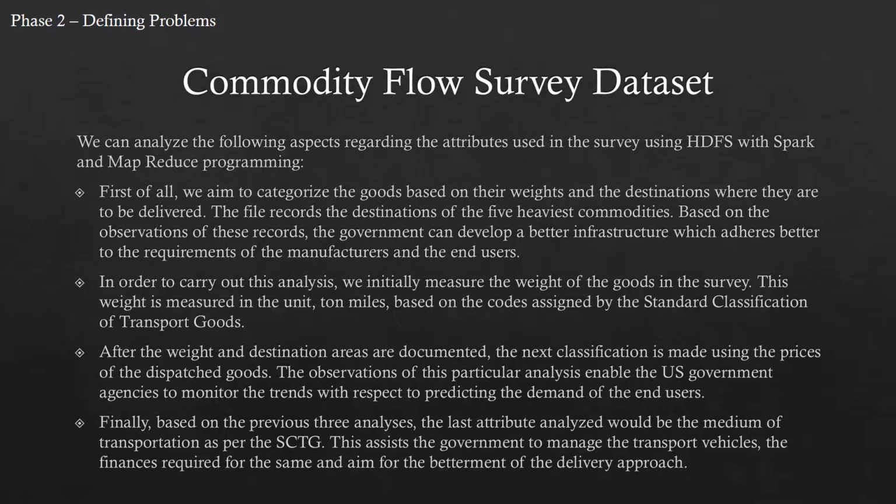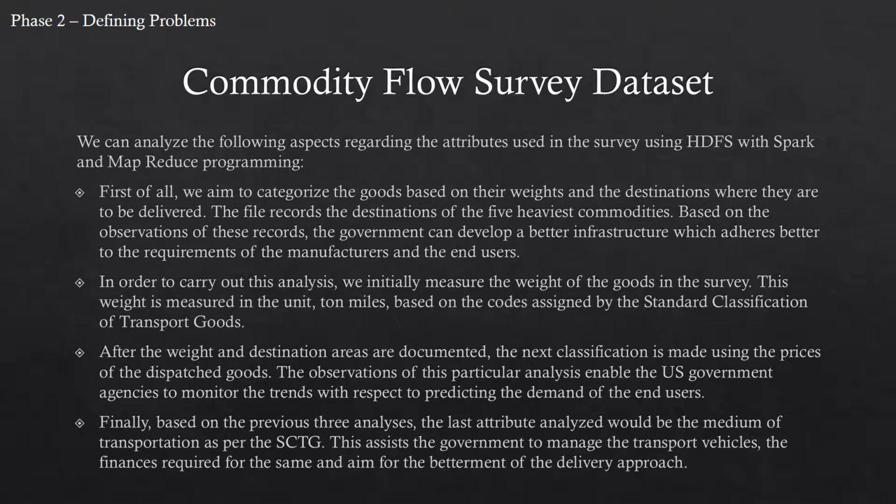Now on this slide, we are going to explain the analysis that can be done on the dataset using different technologies like HDFS with Spark and MapReduce programming. So here we can analyze the following aspects regarding the attributes used in the survey. First of all, we aim to categorize the goods based on their weights and the destinations where they are to be delivered.